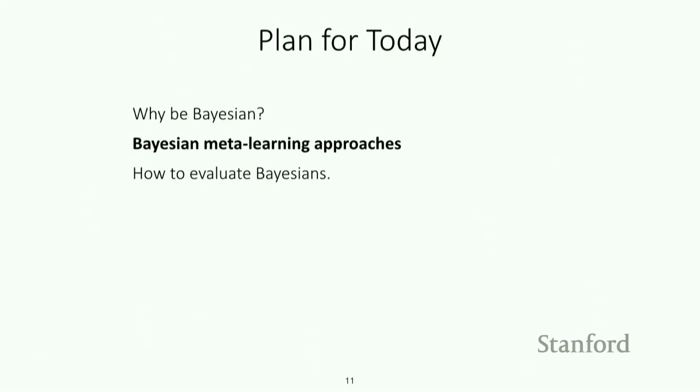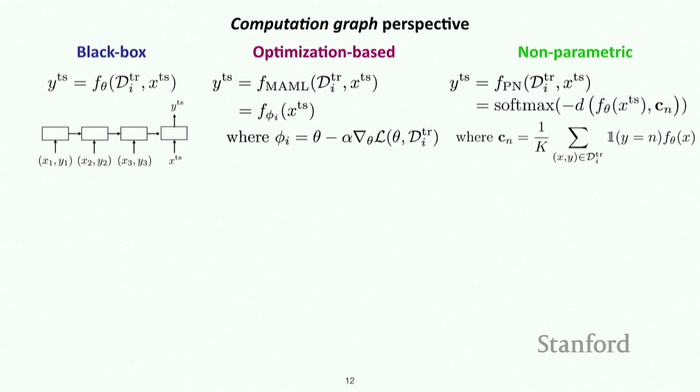Okay, so let's start talking about some approaches for being able to sample from this distribution, or basically being able to represent our uncertainty. The first, simplest approach that we'll talk about is something that can actually be applied to all 3 classes of meta-learning algorithms. In particular, if we care about generating a distribution over our predictions, one thing that we could do is just let our function f output the parameters of a distribution over our label.